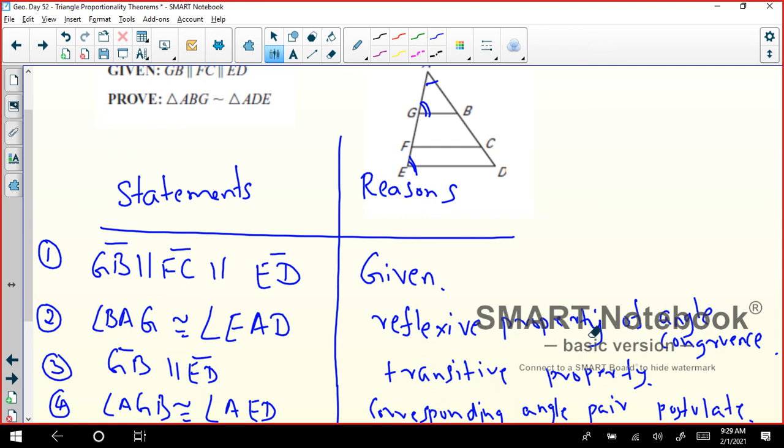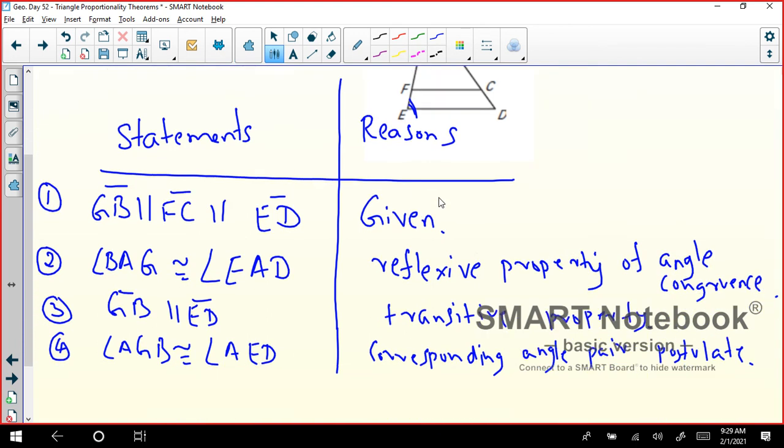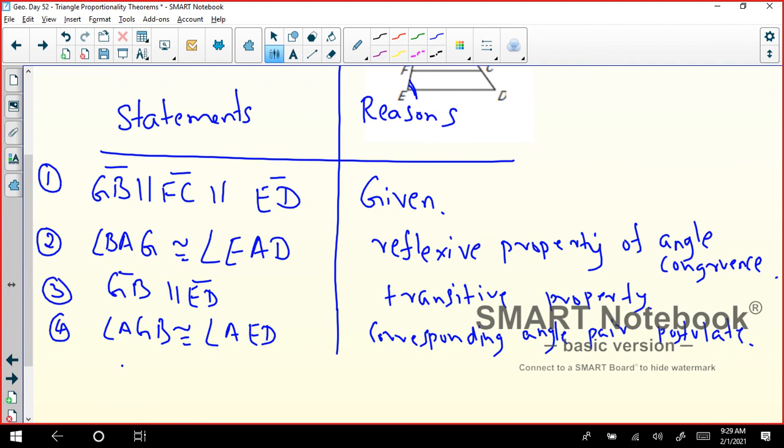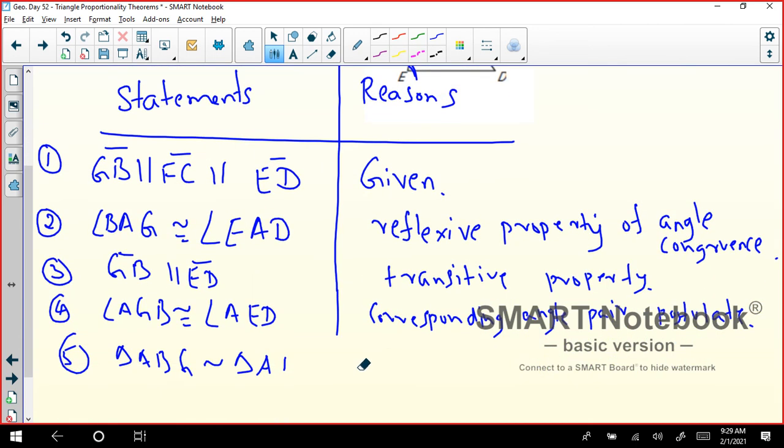Finally, I have two angles that are congruent in both triangles. I can say triangle ABG and ADE are congruent. Triangle ABG is similar, not congruent, to triangle ADE, by AA similarity, which we had studied in the previous class.